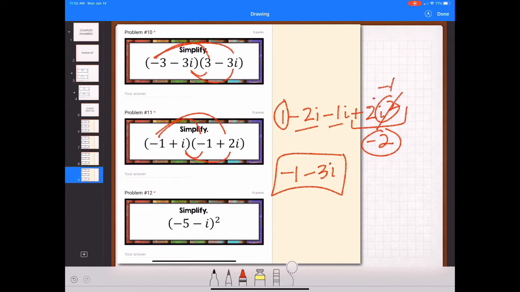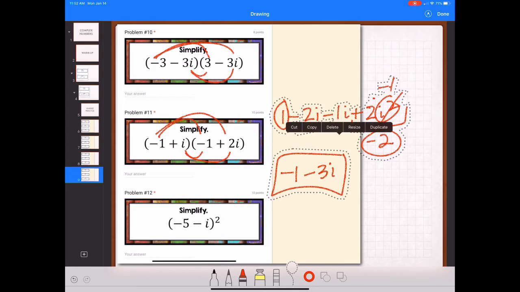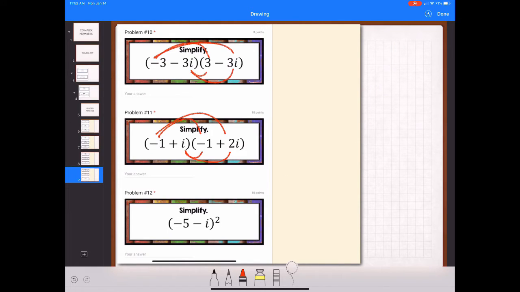And let's do problem number 12. This squared means you want to write it twice. So I have negative 5 minus i times itself, negative 5 minus i. Okay.